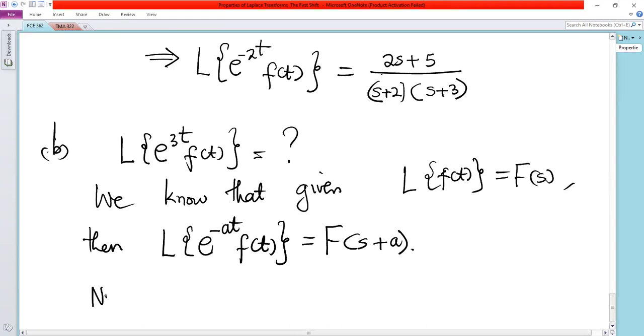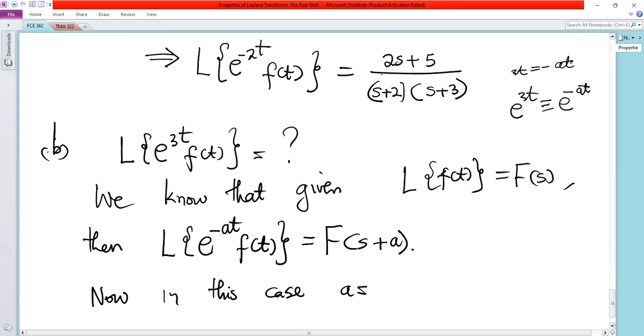Now, in this case, just let e raised power minus 3t, and then you equate it to e raised power minus at. This tells you that 3t equals minus at, which tells you that a is minus 3. So in this case, a is minus 3.